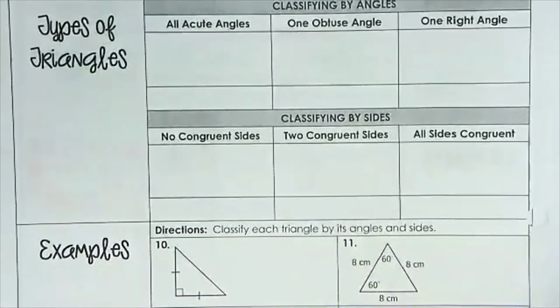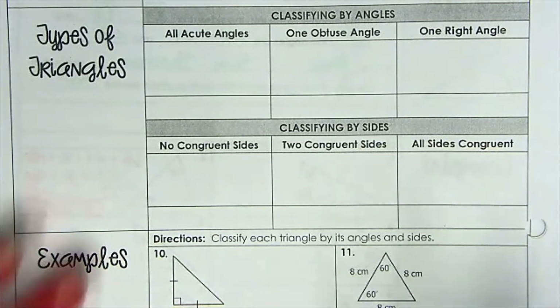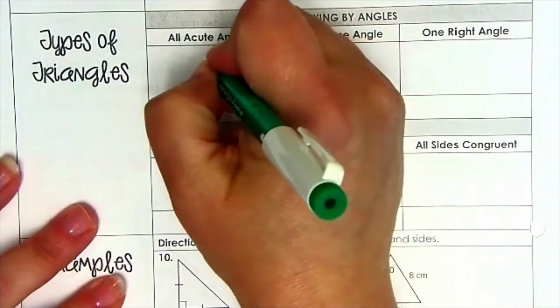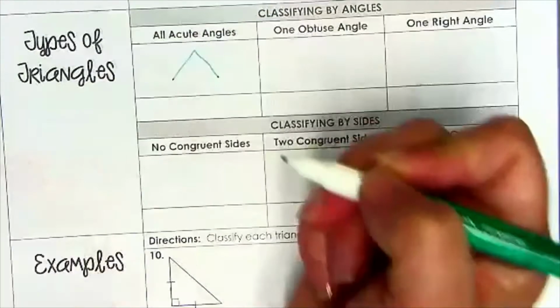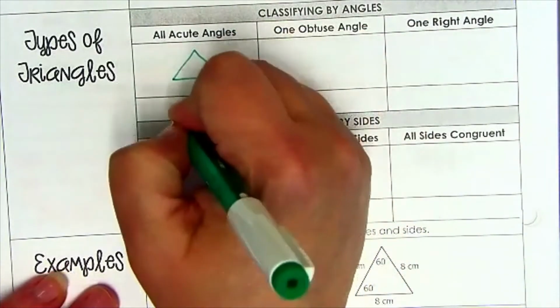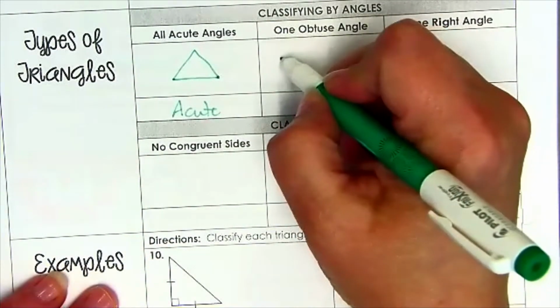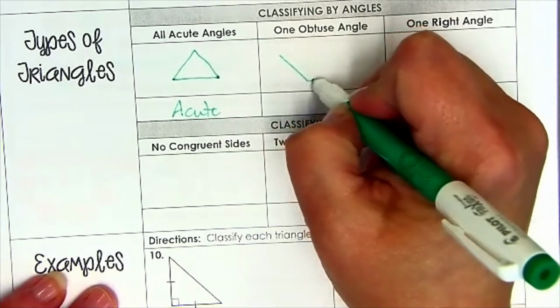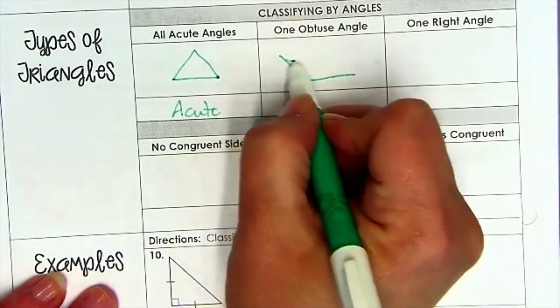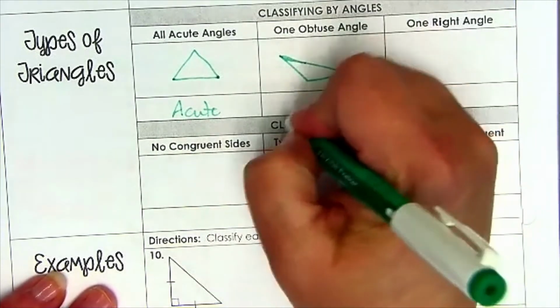Okay, here we go. Now we're going to talk about the different types of triangles. All acute angles, that would look almost like an equilateral triangle, because we'll talk about that as well in just a minute. That's talking about the sides. This one's called acute. An obtuse triangle is one that's got an obtuse angle in it. That's a pretty pitiful triangle, but I'm not an artist.